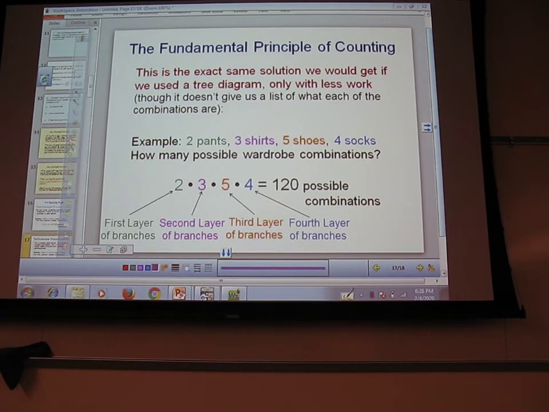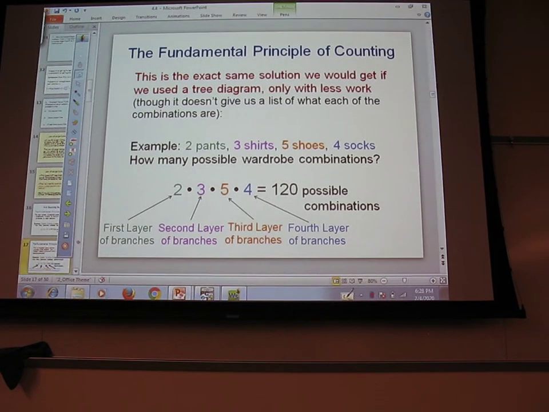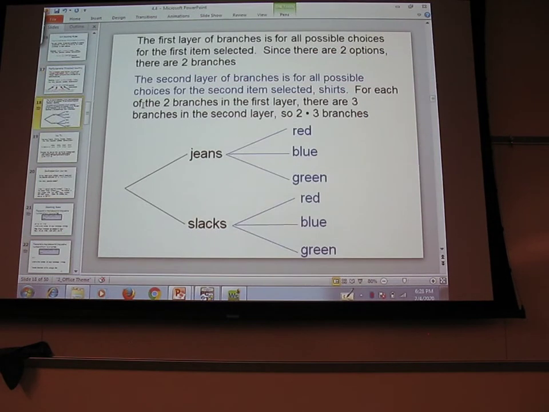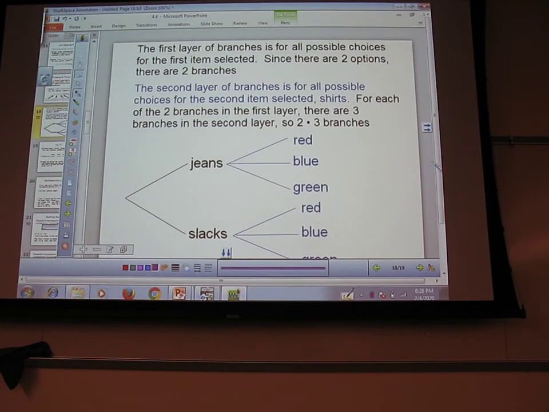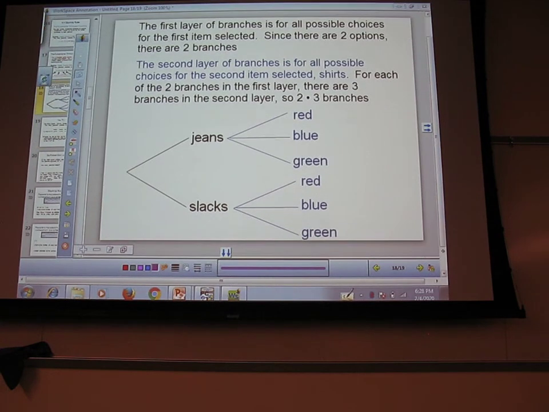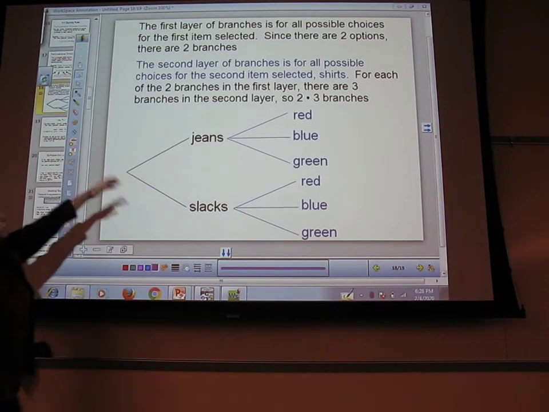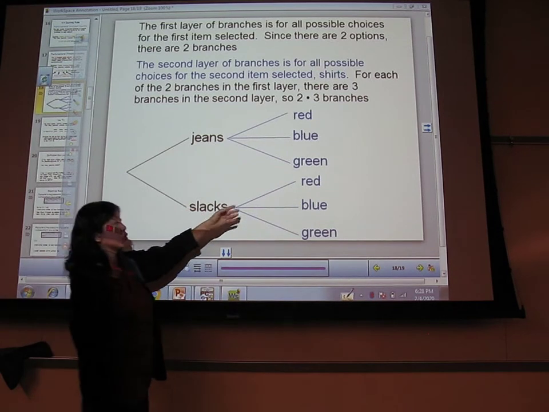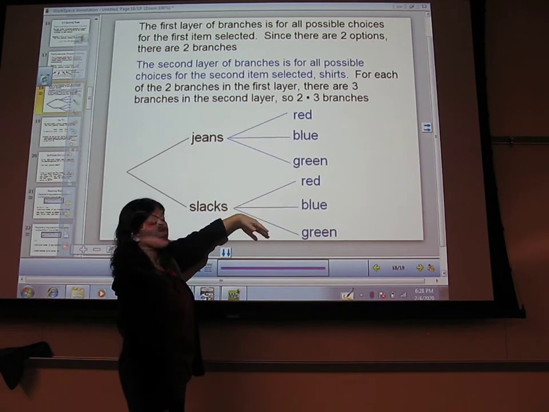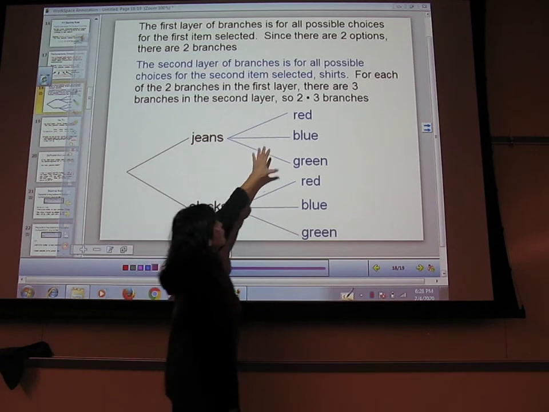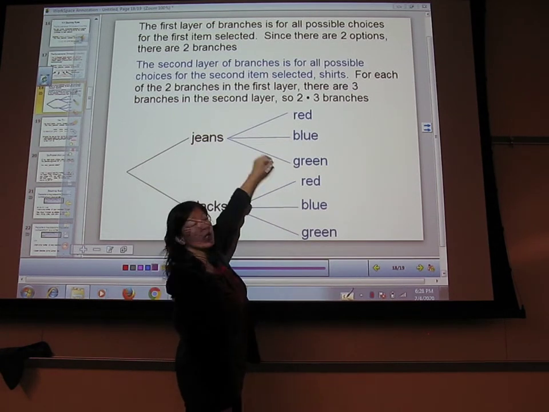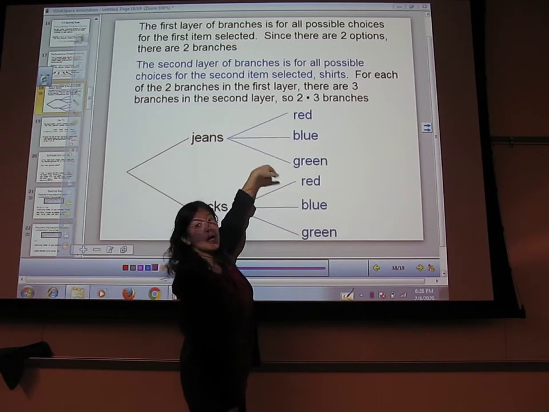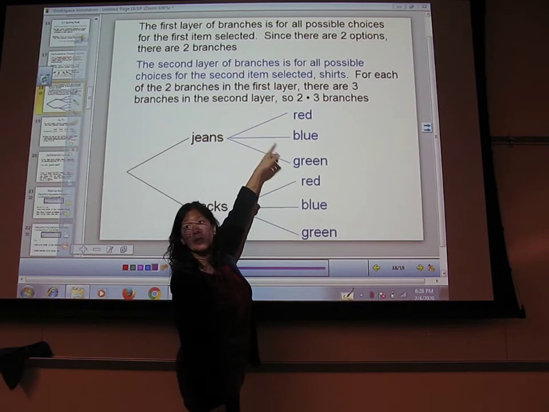So let me show you just the basic first couple layers of tree, what it would look like here. Right, so I've got jeans or slacks. Once I pick something, then I pick a shirt. 3 options for the shirt. But there's 3 here or 3 here. So for my shirt I have a group of 3 choices.